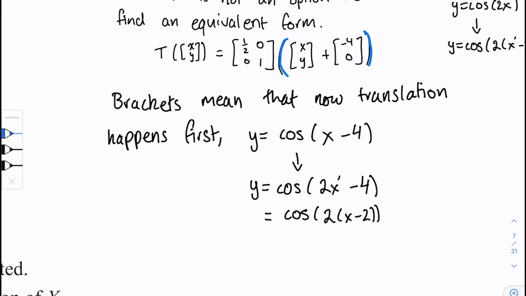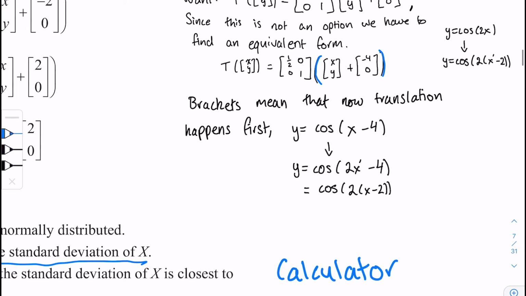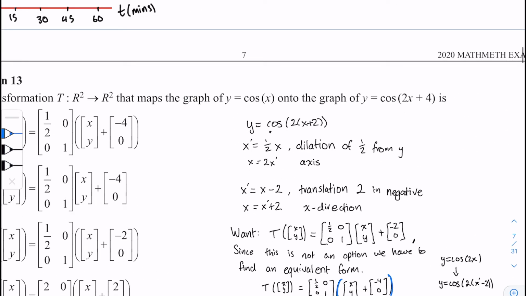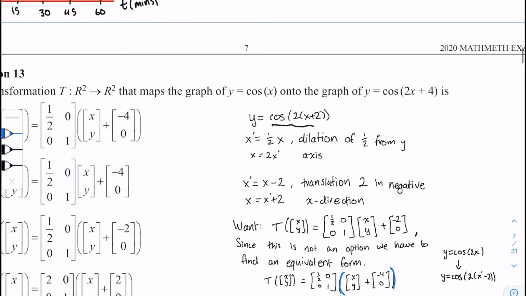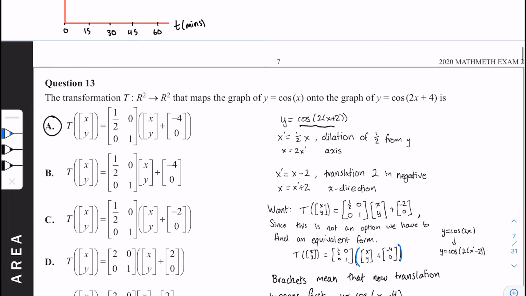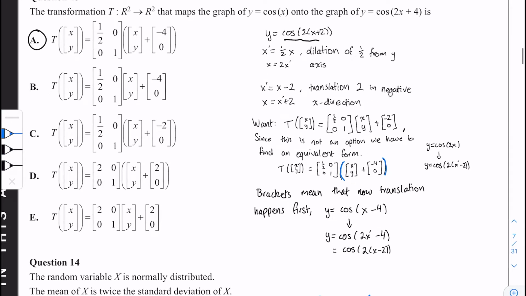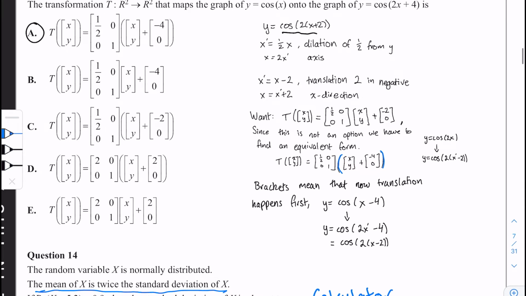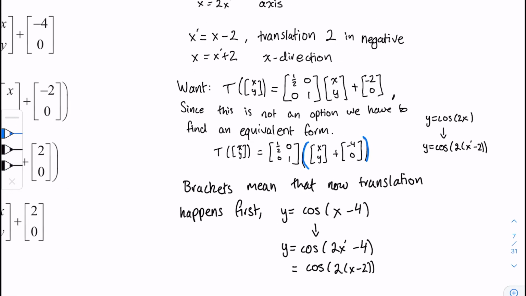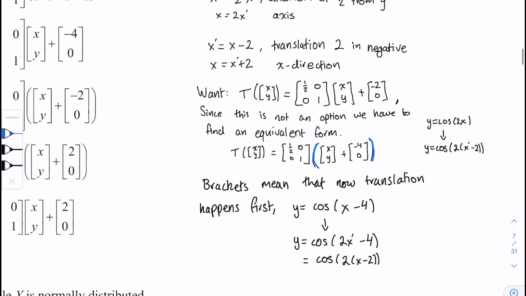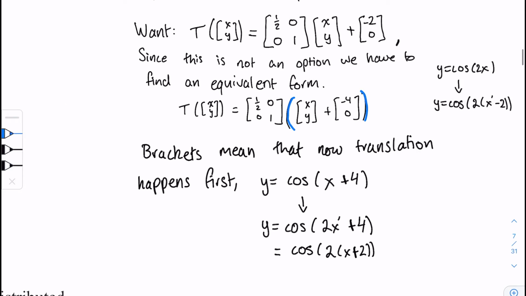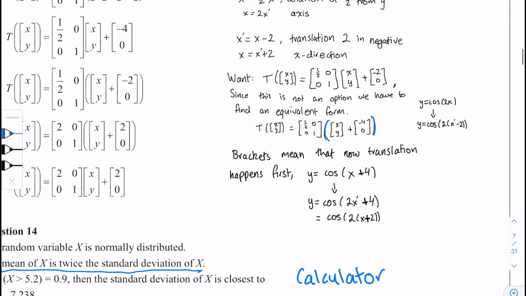So we get y equals cos 2 times bracket x minus 2. And that is exactly what we had up here. So that was what the answer should have looked like.